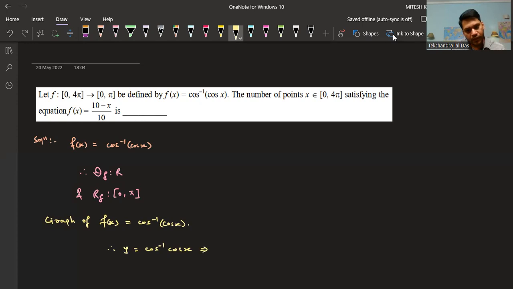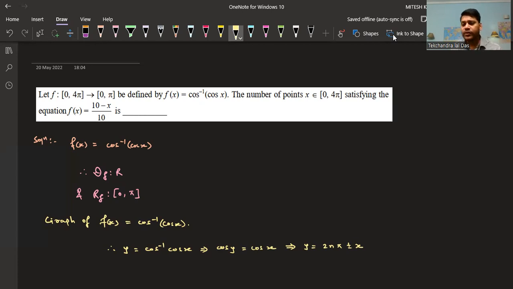Now apply cos on both sides. We'll get cos y equal to cos x. Now from the general solution, y will be equal to 2nπ ± x. Clear?